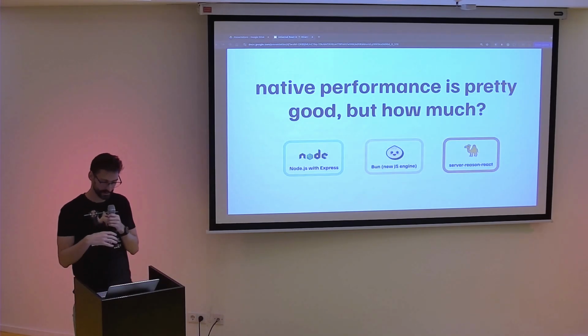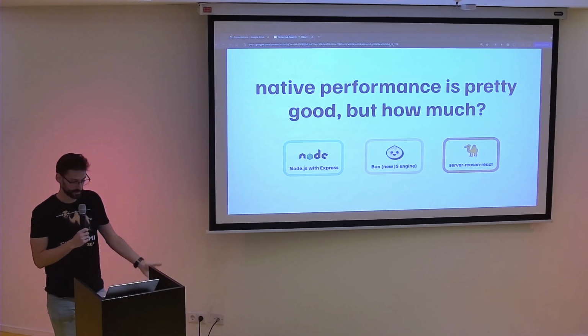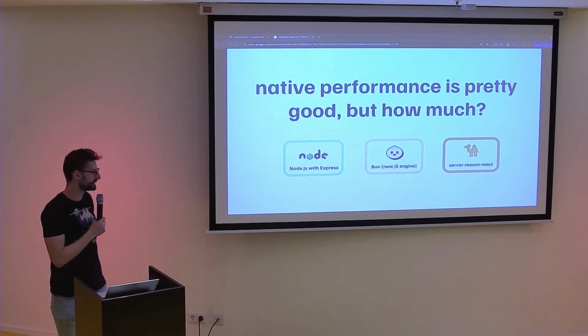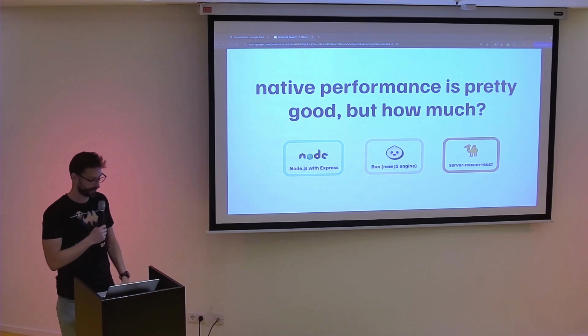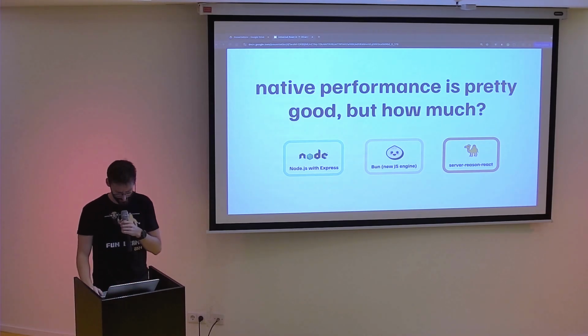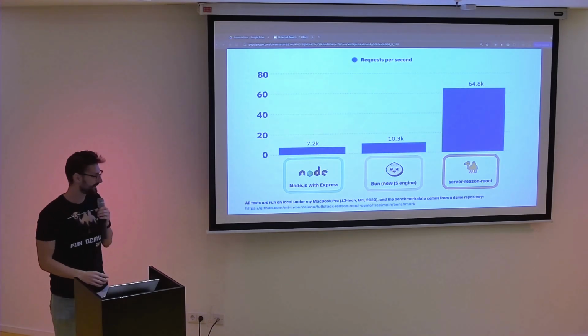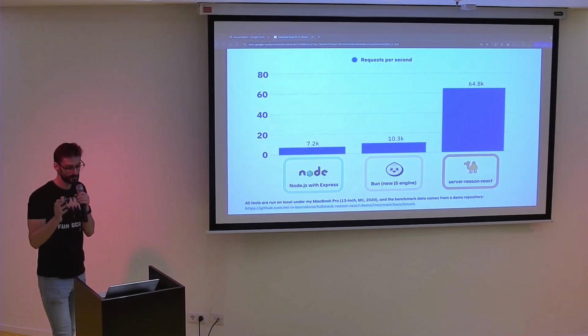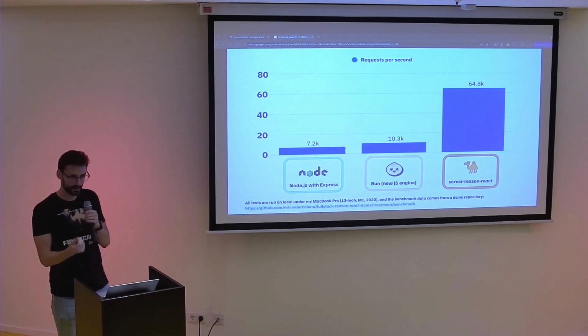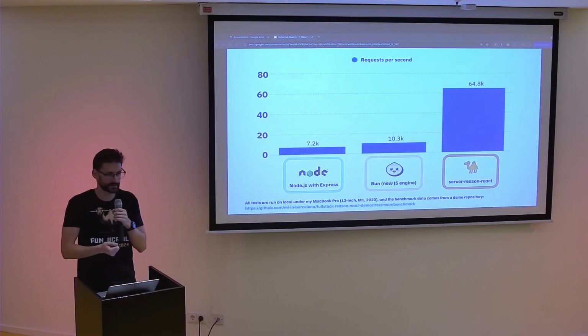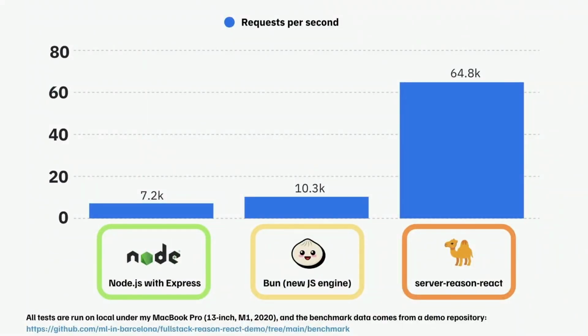So we compared with 2 of the most common approaches in the front-end ecosystem. That's Node and Bun, and that's an old legacy benchmark. But the idea is that we outperform them by far. Even though that's not the primary goal of the project, we don't check performance constantly. We just want to be good at it, but not obsessed with it.